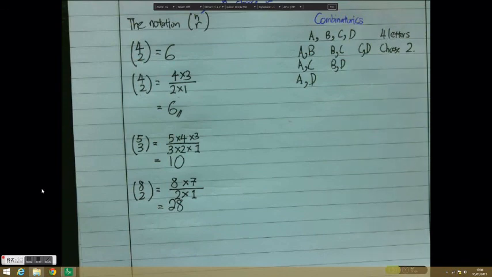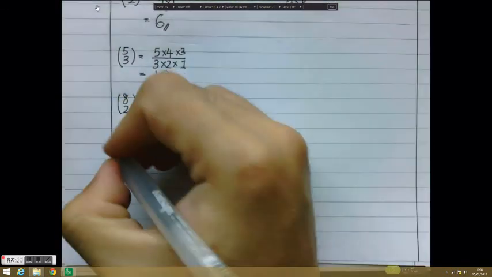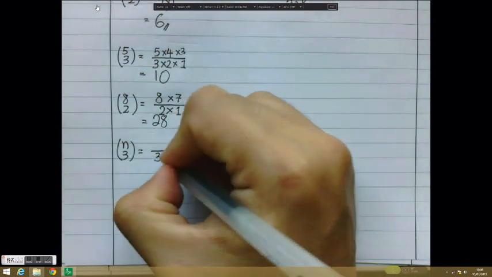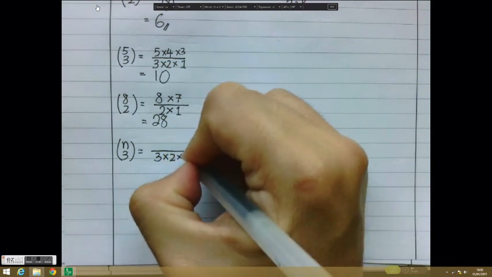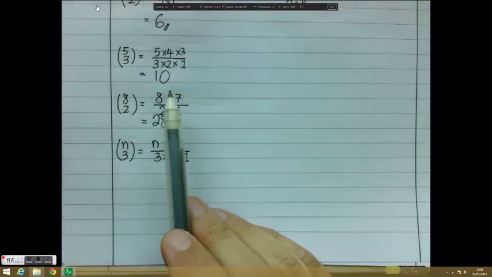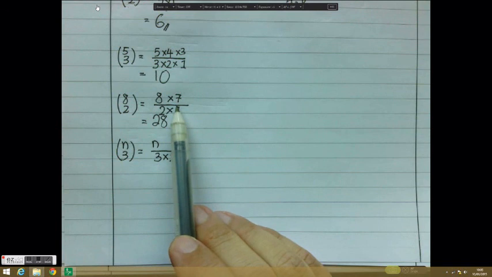Now I'm going to show you something a bit more difficult: n choose 3. Now it involves algebra instead of numbers. So what do we do? Same thing. We look at the denominator: 3 factorial is 3 times 2 times 1. Then in the numerator, we start with n. Notice from all the previous examples, it's always reducing by 1.